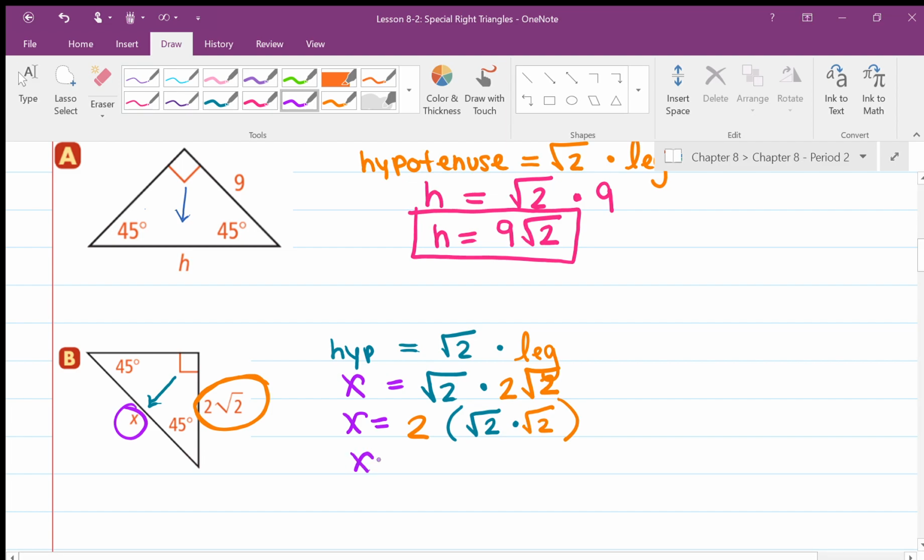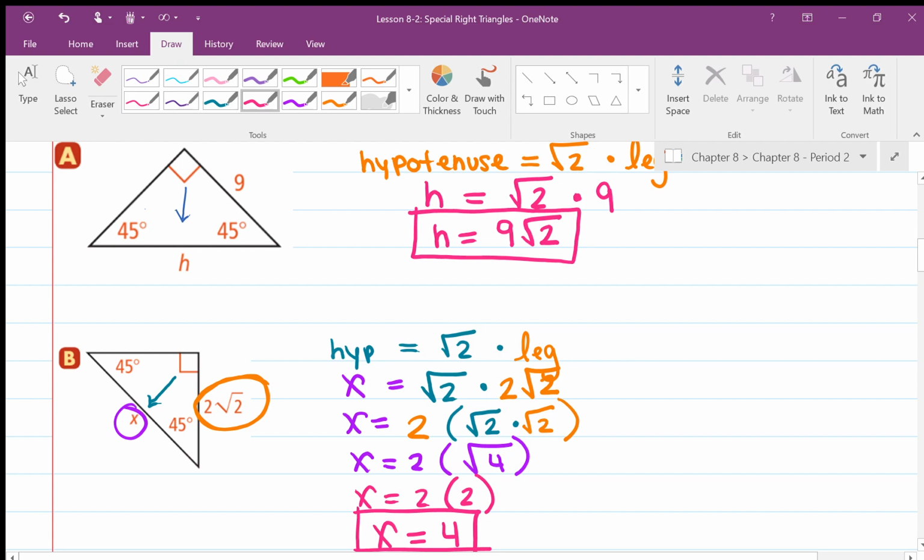This is going to simplify to 2 times, square root of 2 times the square root of 2 is the square root of 4. Okay? The square root of 4, x is equal to 2. Square root of 4 is 2. So 2 times 2, x here would be equal to 4. I baby stepped it so that you guys don't freak out when you see the radical. Do not be intimidated by it.